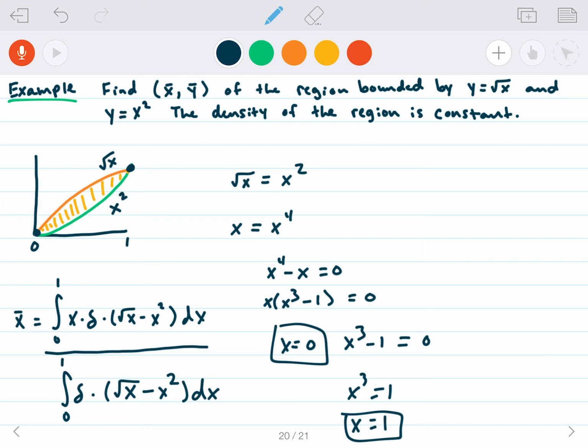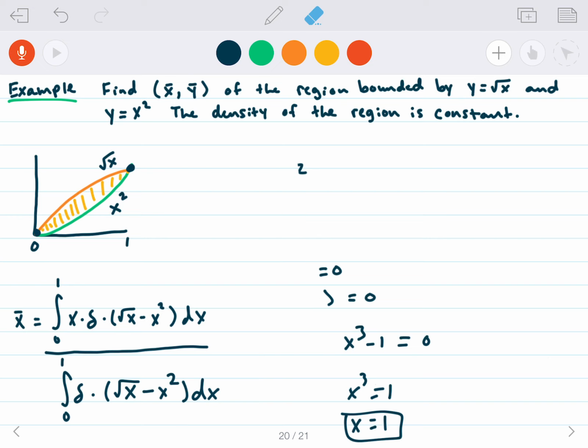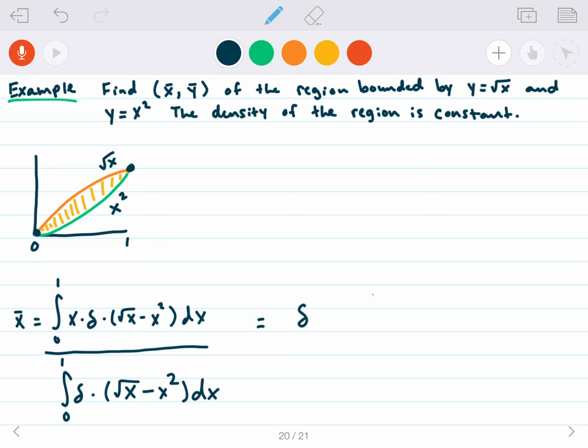Okay, so that is our mass on the bottom. Okay, cool. So let's go ahead and figure this out now. Now what's cool is that the density is constant, so the first thing I can do is pull out the density in both of these integrals. And when I do that, they're going to cancel out. So let's go ahead and get that over with.